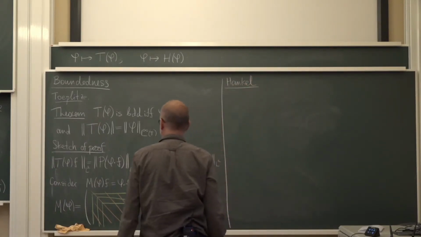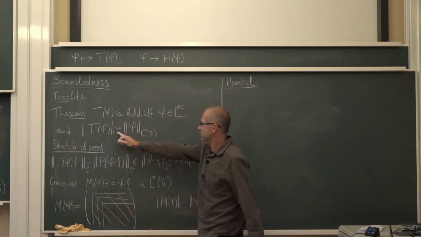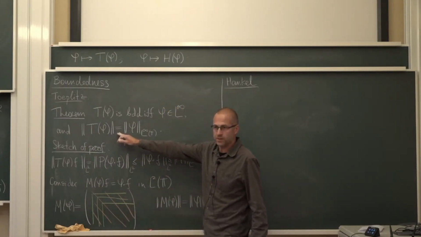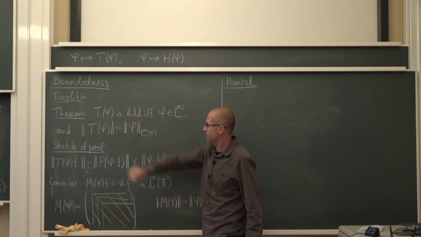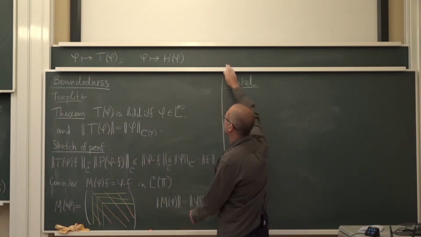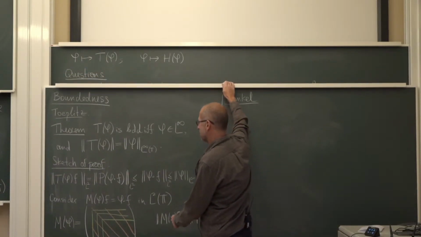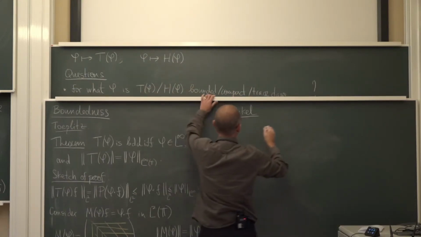Let me start with an upper bound, which is true in the same way as it's true in the Toeplitz case. But before, let me remind you of this remark that I had.